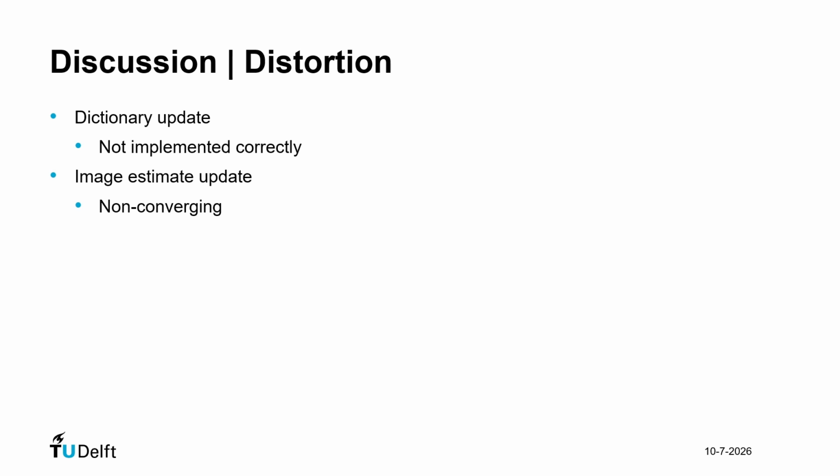It is also possible that the image estimation update step is non-converging in the iterative manner that we have implemented it. For both of these reasons, we will have to, in future work, analyze both of these steps individually per iteration to see which one is not behaving properly.